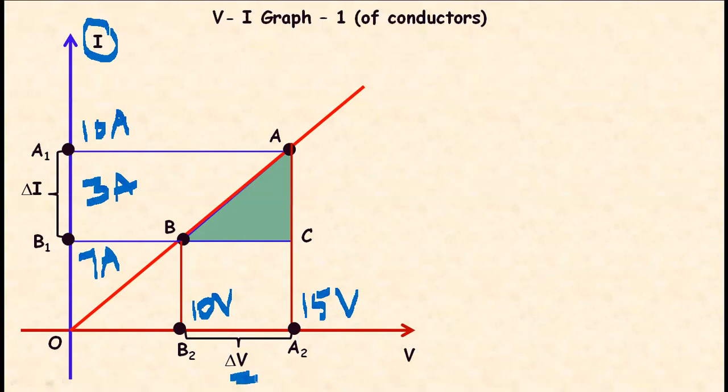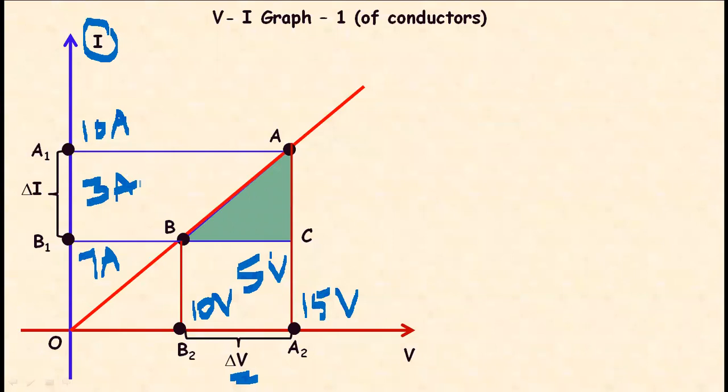That is nothing but del V, which happens to be 5 volt here. So the change in current, del I, is equal to 3 ampere, and the change in voltage, del V, is equal to 5 volt.